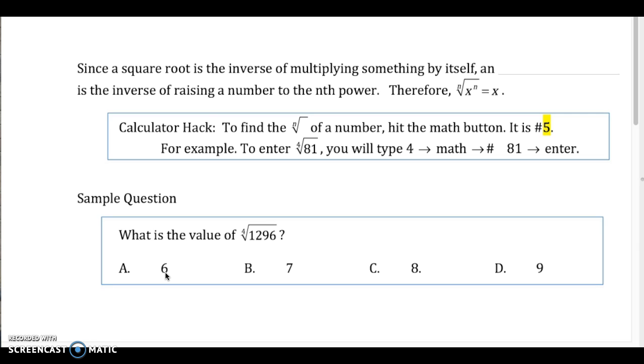Or what's 7 times 7 times 7 times 7? Or what's 8 times 8 times 8 times 8? Or 9 times 9 times 9 times 9? So again, if you just plug in your 4 answers and work backwards a little bit, see which one to the 4th power gives you that 1296, you should be in great shape.